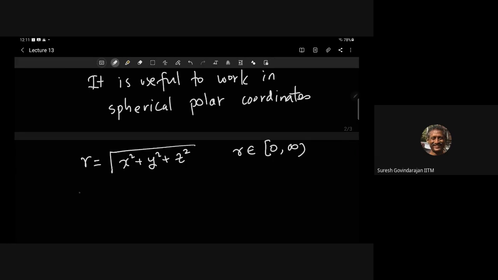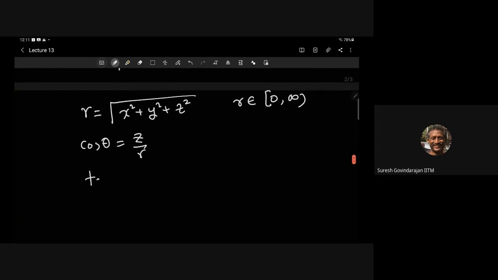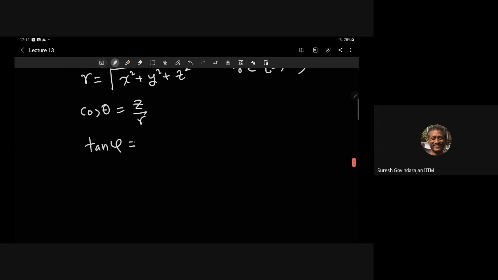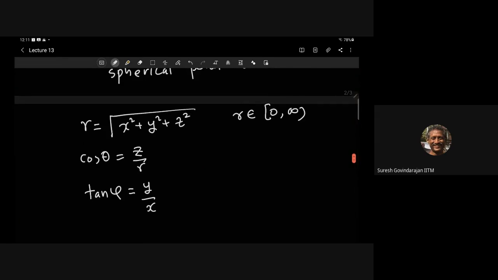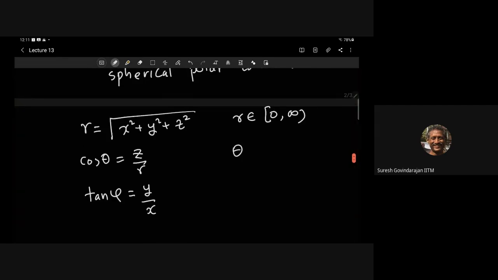So cos theta is Z by R, and tan phi is Y by X. You can do the inversions, but theta belongs to the interval 0 to pi, and phi is a circle variable, so S1, or we can write it as 0 to 2 pi.